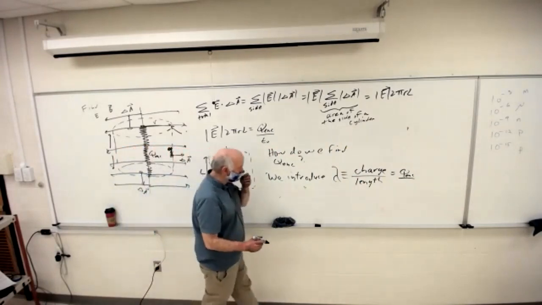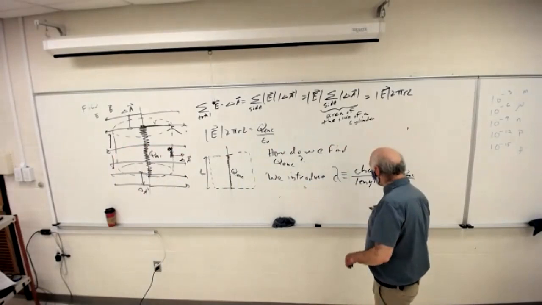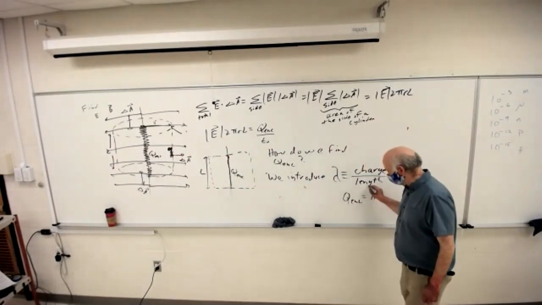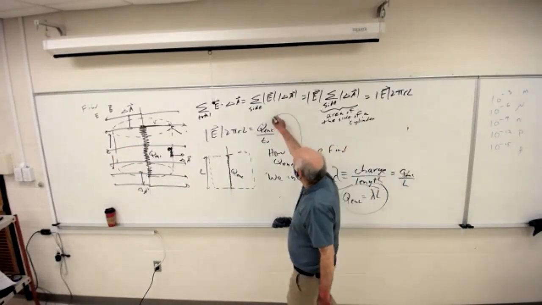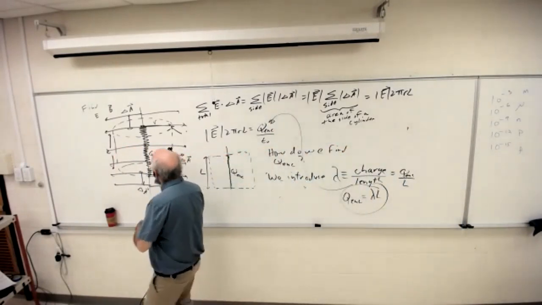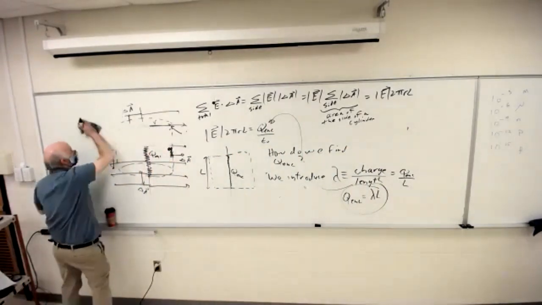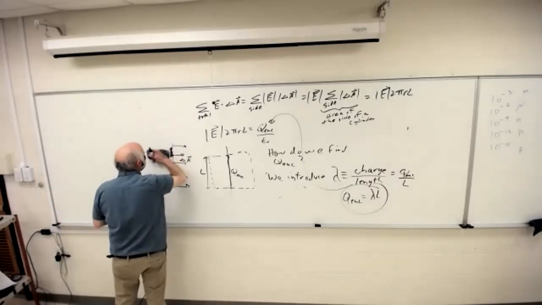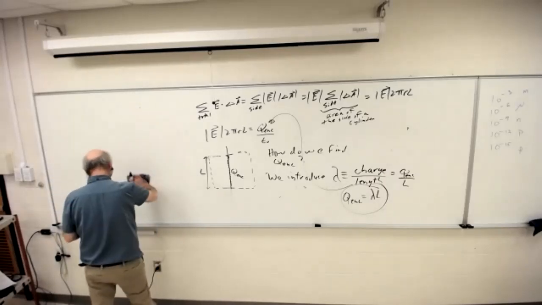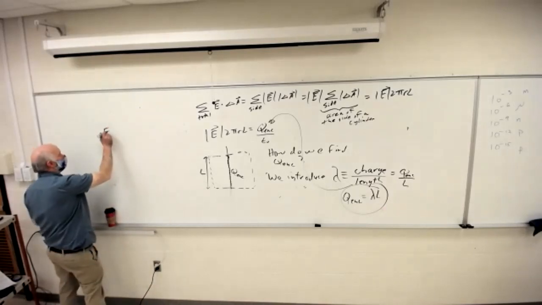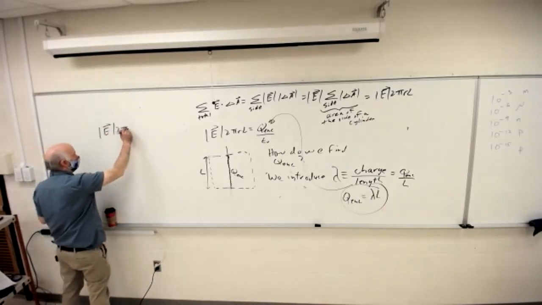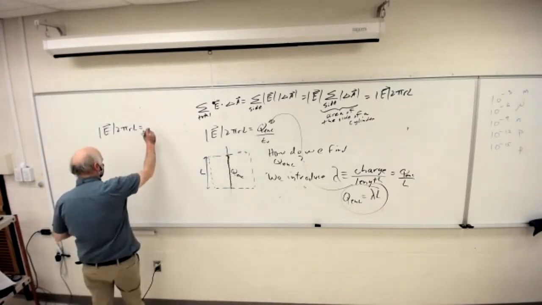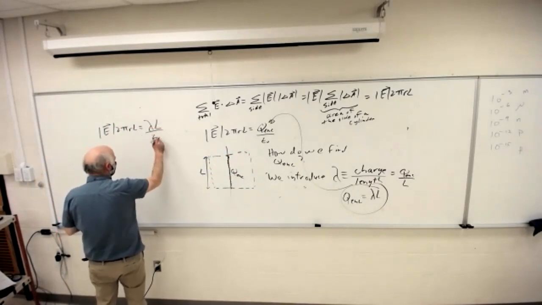L. So this is over L. So our Q enclosed is lambda times L. This goes into here. Look at this, E times 2 pi r L equals Q enclosed, which is lambda L over epsilon naught.